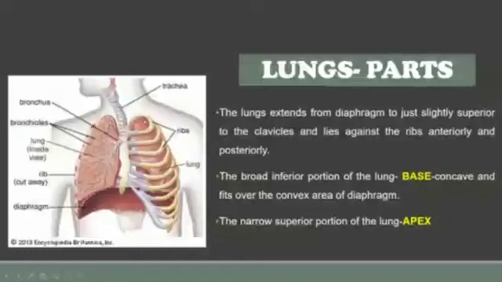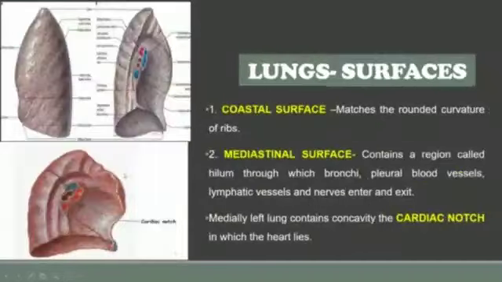The apex of the lung extends a little above the clavicle, whereas the base is concave in shape to accommodate the convex structure of the diaphragm. Next, we learned about the surfaces, the costal surface and the mediastinal surface. The costal surface is round in curvature and faces towards the ribs.